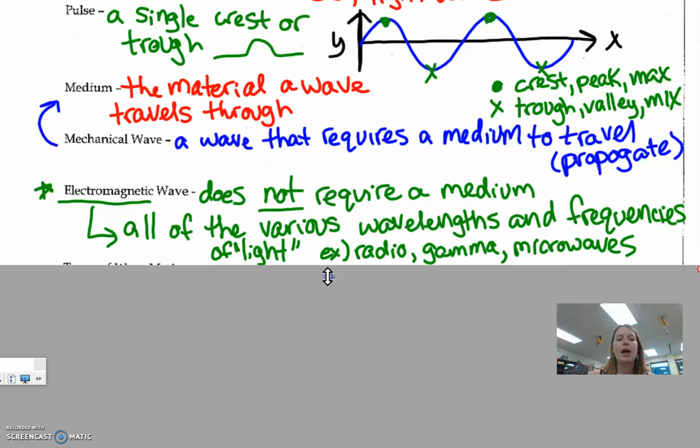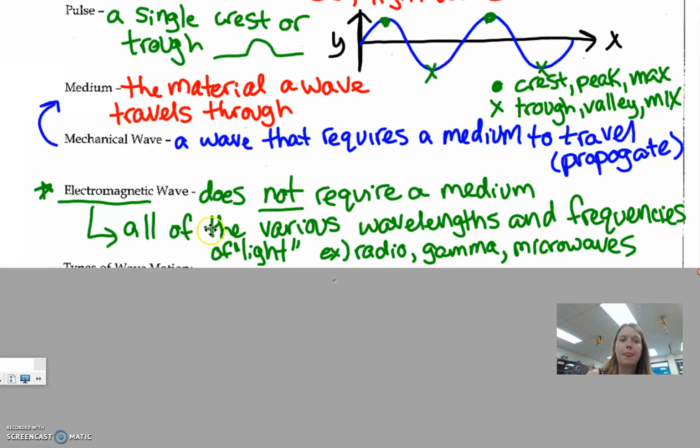Electromagnetic waves are broadly defined as all of the various wavelengths and frequencies of what we might call light. So there's radio waves, gamma rays, X-rays, microwaves, UV rays, infrared, visible light, and I think I named them all. There's 7.